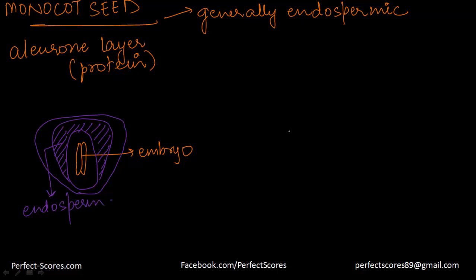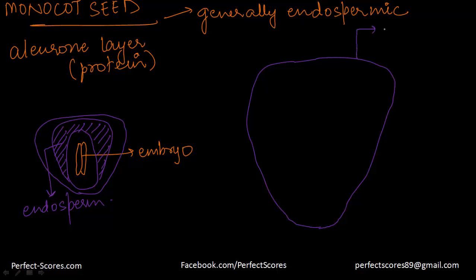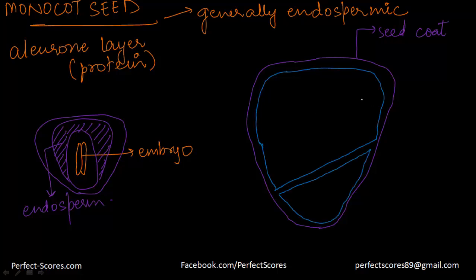Now if you take another section, the monocot seed is going to have this appearance. So I'm going to draw this structure in a little more detail. Let's suppose this is the seed, and obviously this will become the seed coat. Now these two structures are the different parts. Now this upper area that you can see has a layer of the aleurone.